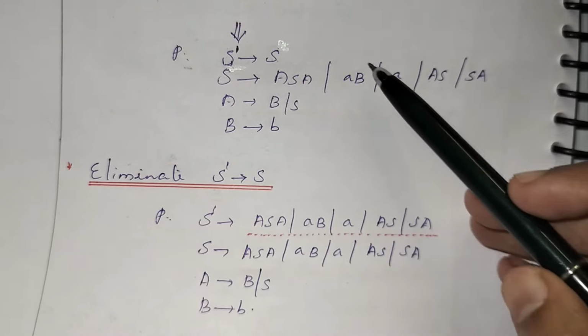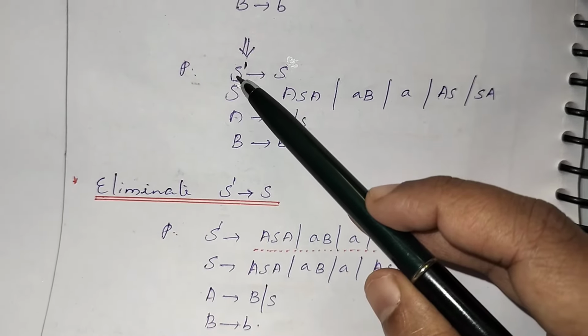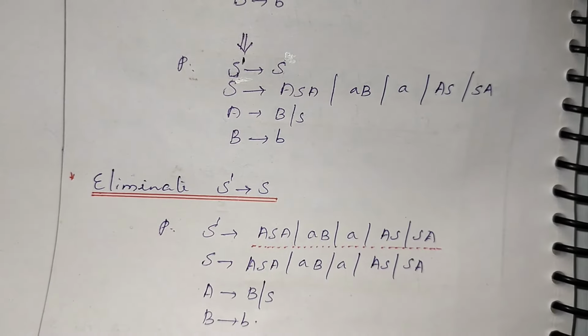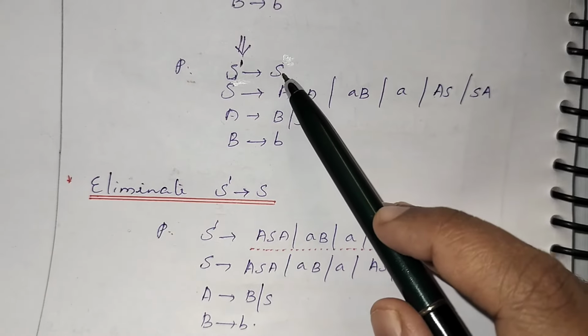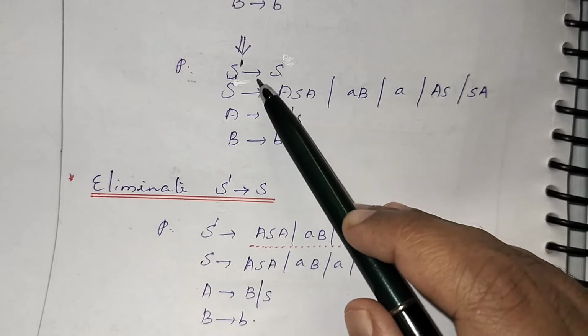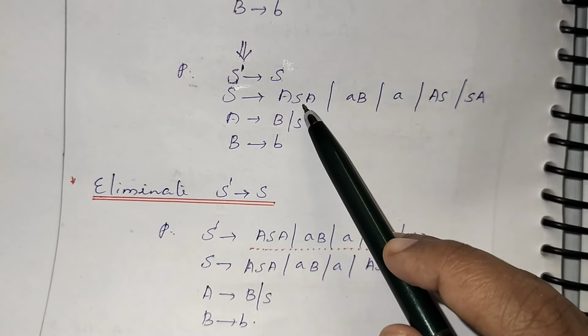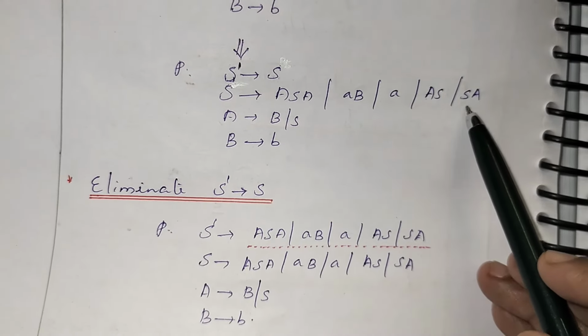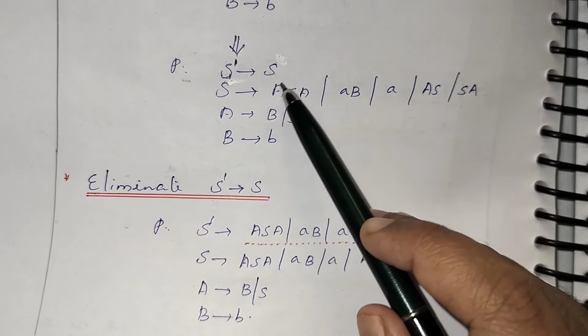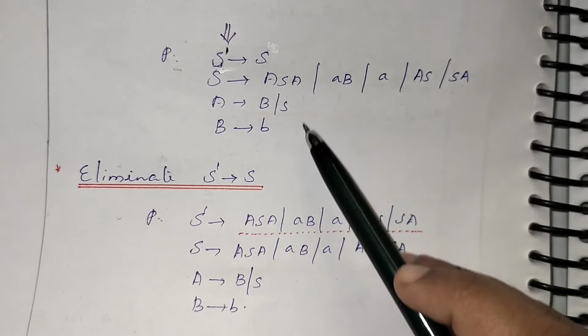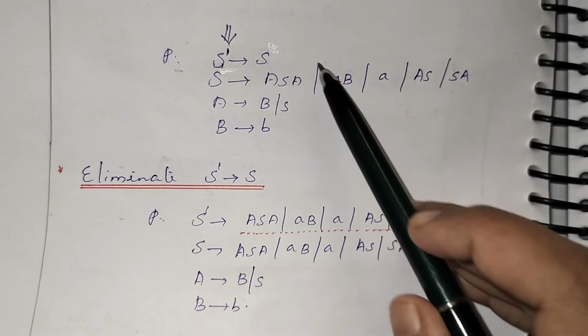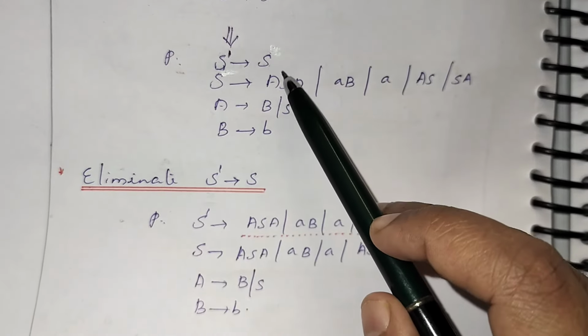Okay, that means we are eliminating the unit production S dash gives S. Here, in place of S, I give the production for S. That is, S gives ASA, AB, AS, SA. So instead of S, in place of S, I replace this. Okay, so I got this thing. So thereby I eliminated S dash gives S unit production.